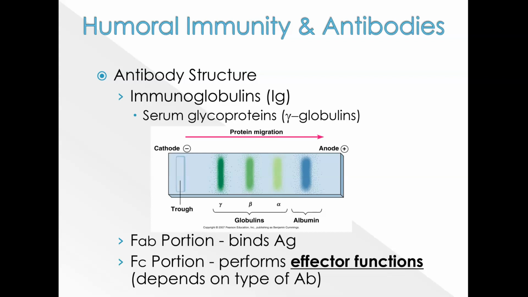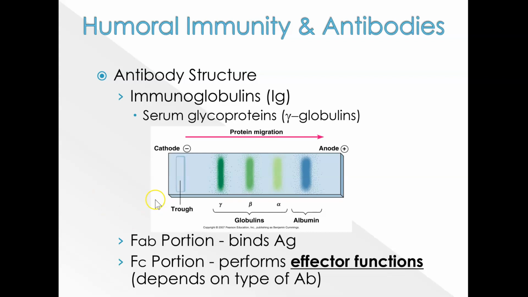So let's talk a little bit about the structure. Antibodies are often called Ig. Ig stands for immunoglobulin. And this is because when scientists were trying to figure out what these were, they would basically take serum from an animal. They would isolate the proteins and then run those proteins on a gel to separate them by size.